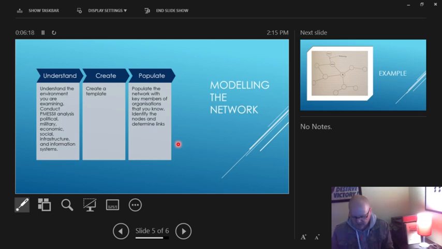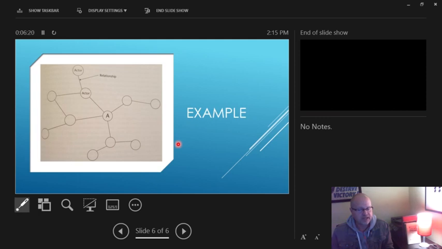Now a rough model to look at here is this. This is just as an example. So we begin perhaps with this person here, and we want to know this person's network of other individuals. And so as we start to populate it, we can see that this person here has communication with this person, who has communication with this person.